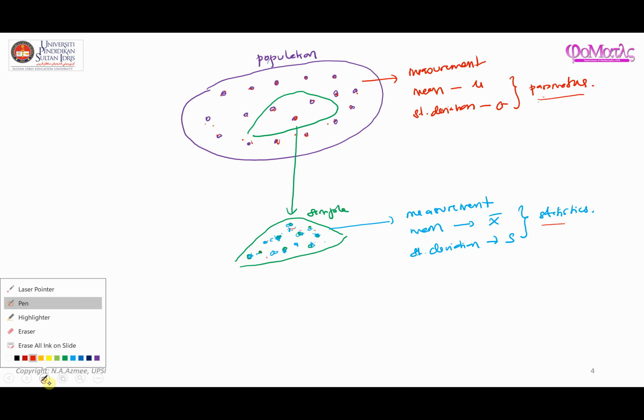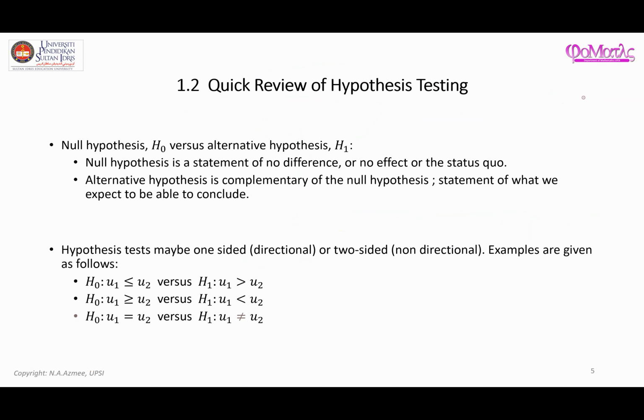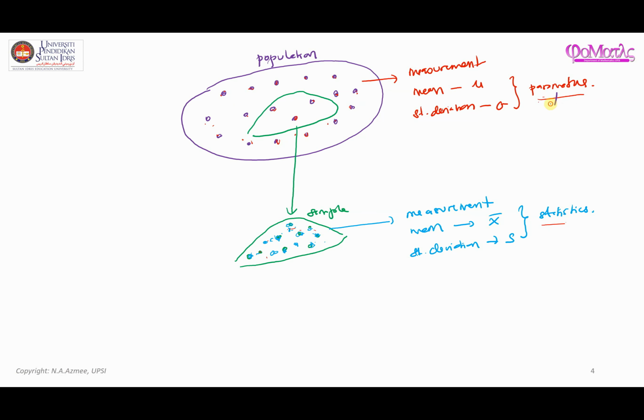Now, if we talk more about parameters, parameters are usually unknown, because it is usually impossible for us to consider all the elements in the population. Because of that, we can't calculate or obtain mu.